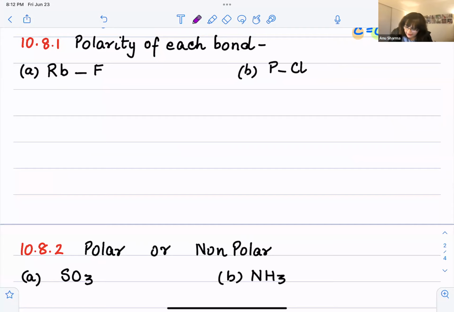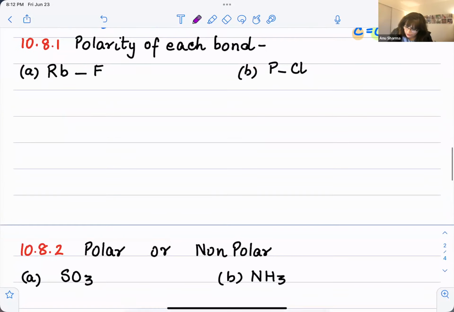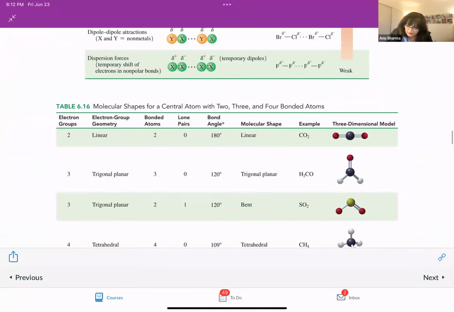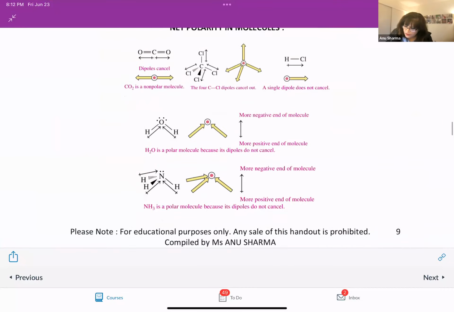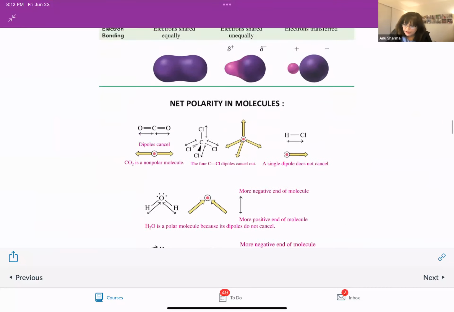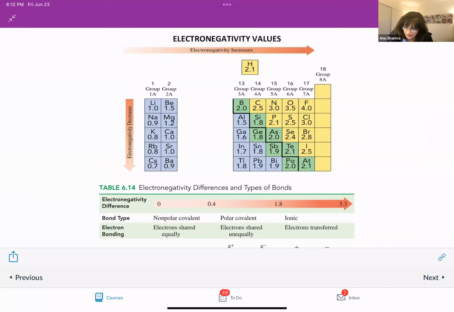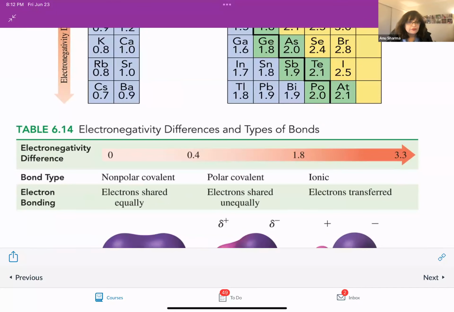Now for the polarity, these are the last two questions we have. You're going to go to the periodic table again, and look at the place where we have the electronegativity values, on page 9. On page 9, you will see the values of the electronegativities are given. Now, look at this table 6.14.